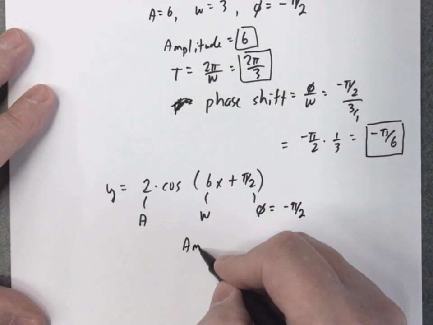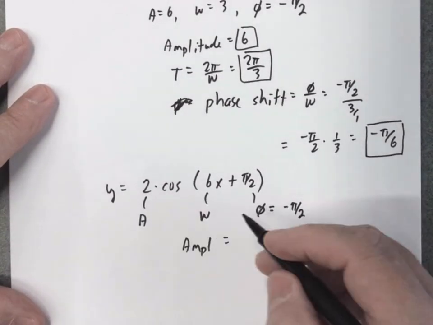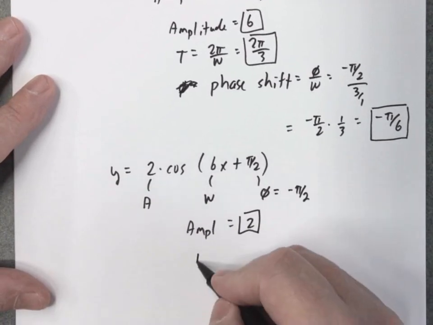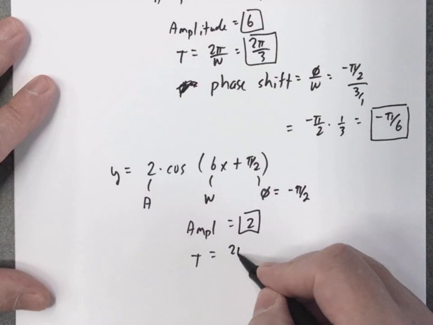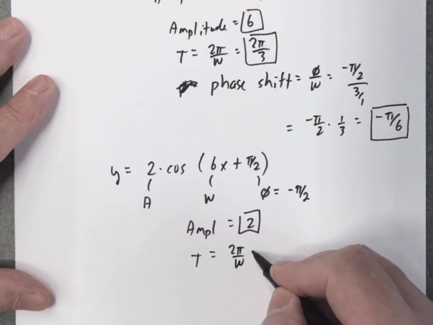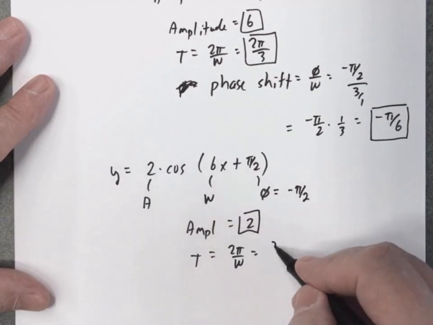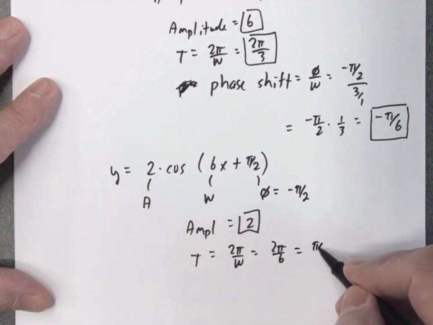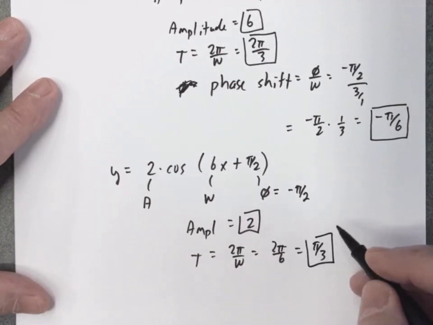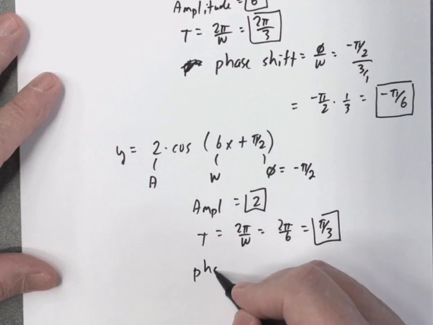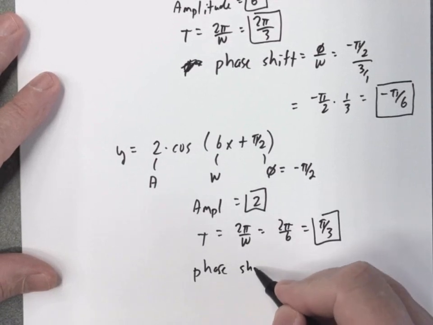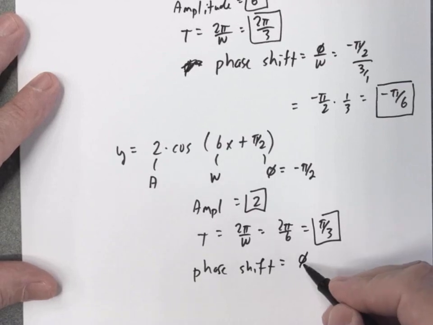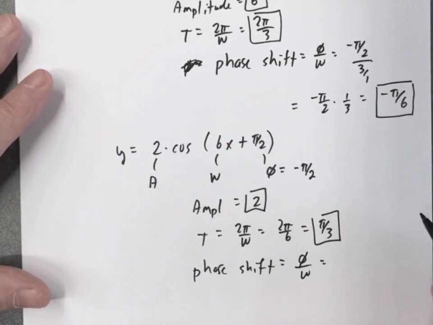So the amplitude is always the easy one. It's always A. So what's 2? Period is always a pretty straightforward calculation, 2 pi over omega. 2 pi over 6, which is pi over 3. And then the phase shift, that's phi over omega.